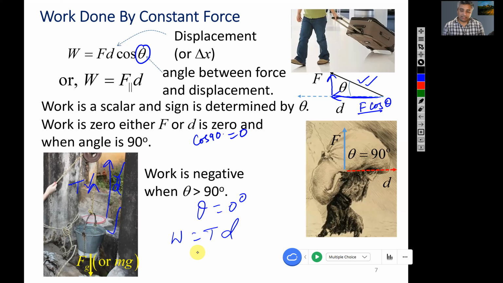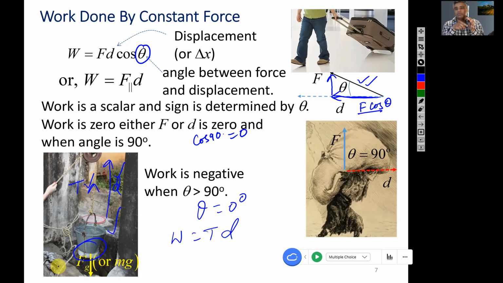But if we look here, there is gravitational force acting, and gravitational force always acts downward, right? And displacement is up. So gravitational force is down, displacement is up. So the angle between them is 180 degree now, means it's doing negative work, maximum negative work.